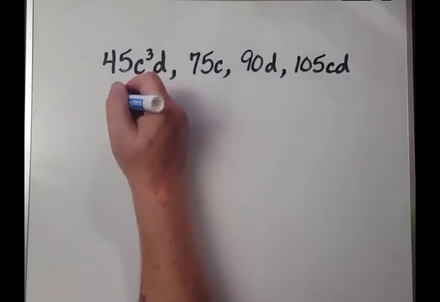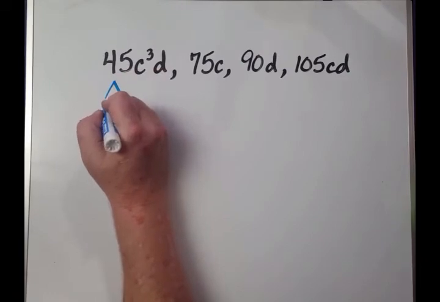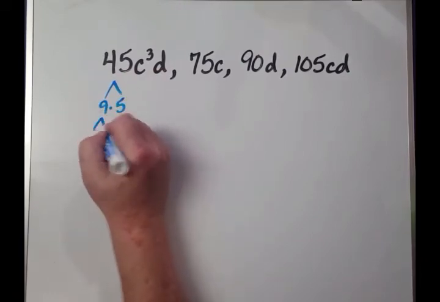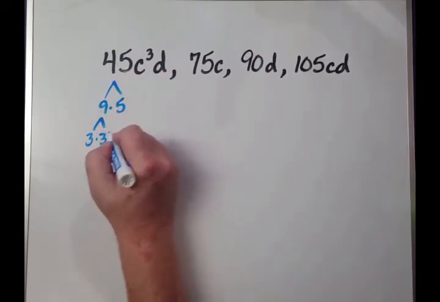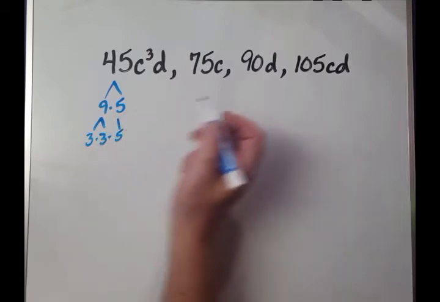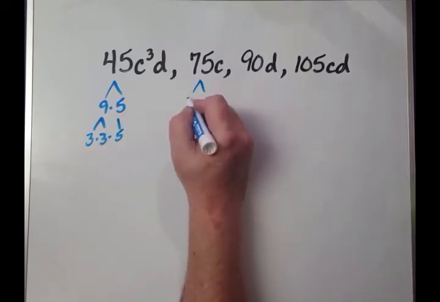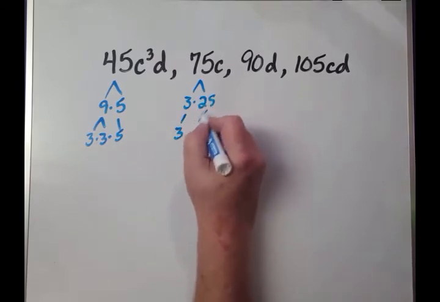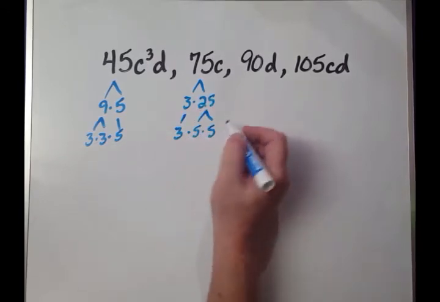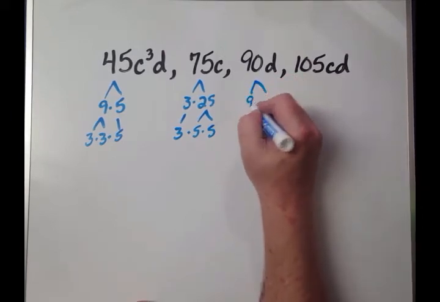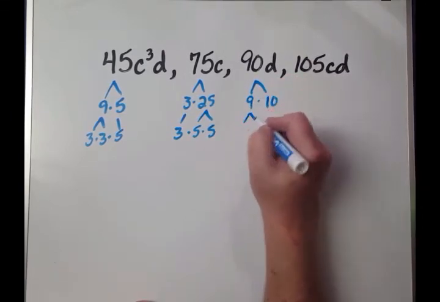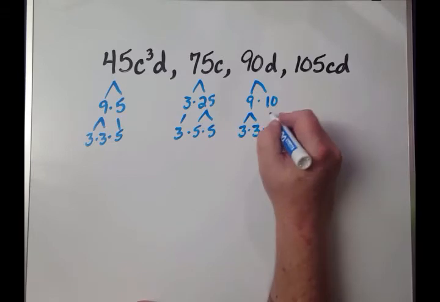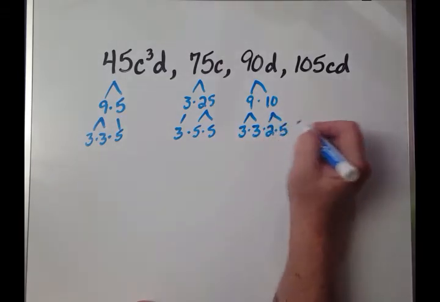If I get stuck, I can always prime factor and say, okay, 45 is 3 times 3 times 5. 75 is 3 times 5 times 5. 90 is 3 times 3 times 2 times 5.